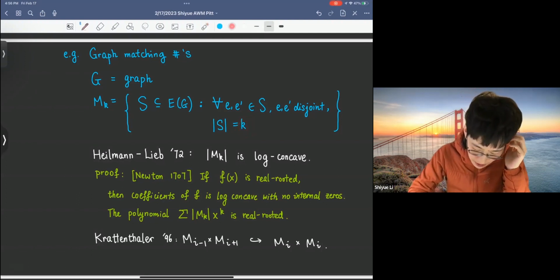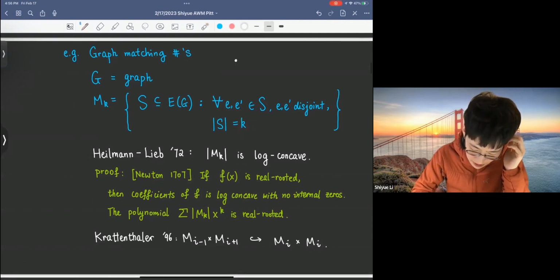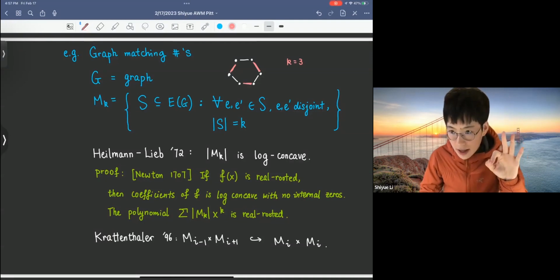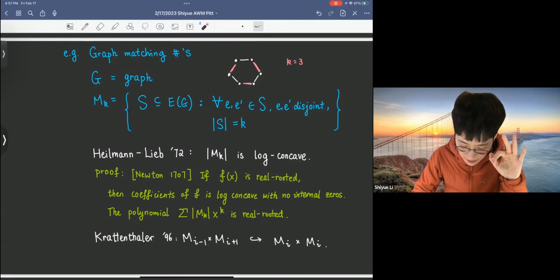Here is one example I can draw. Suppose I have this 6-cycle graph, and suppose I let k be 3. Then one such matching on the 6-cycle graph that has 3 edges is this one, for example.